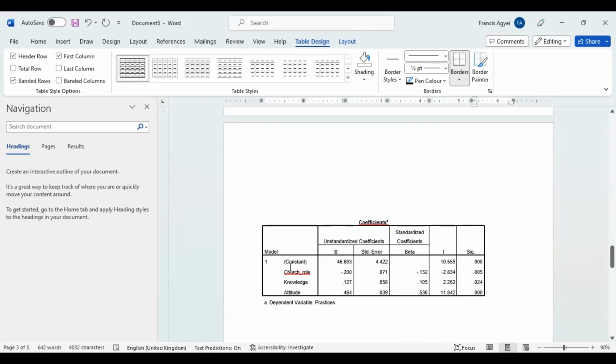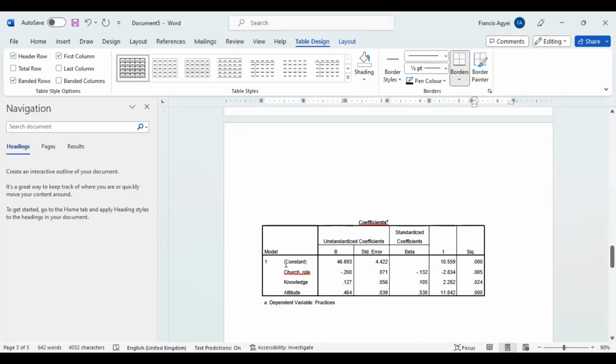So we have the model itself, the church, the knowledge, and then the attitude. Then this B, the unstandardized coefficient. This B here too, we need it. Then we don't need the standard error, but we need the beta, we need the T, and then we need the significance.